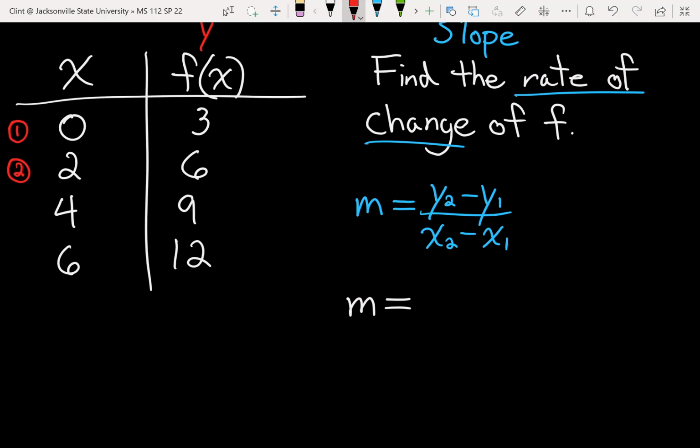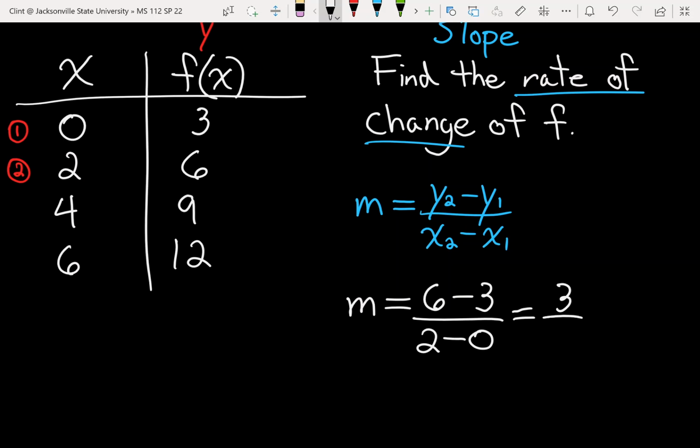And then remember, f of x is the same thing as y, so here y2, I'm going to have 6. Minus y1, so 3, over x2, which is 2, minus x1, which is 0.